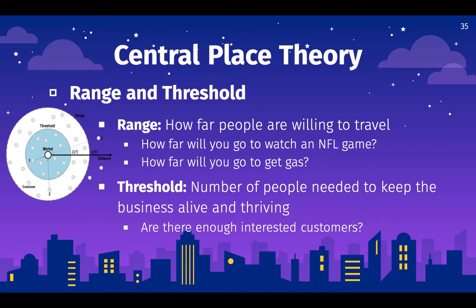You'd have to travel to either Chicago or Indianapolis to go watch an NFL game. On the other hand, you wouldn't have to go that far to fill up your gas tank in your car. So, range depends entirely on not only your willingness as a consumer to actually go buy that thing, but also what your options are as a consumer based on where you live.